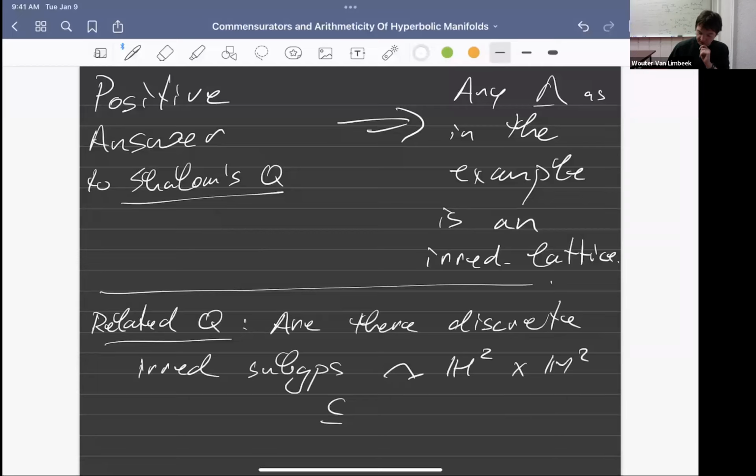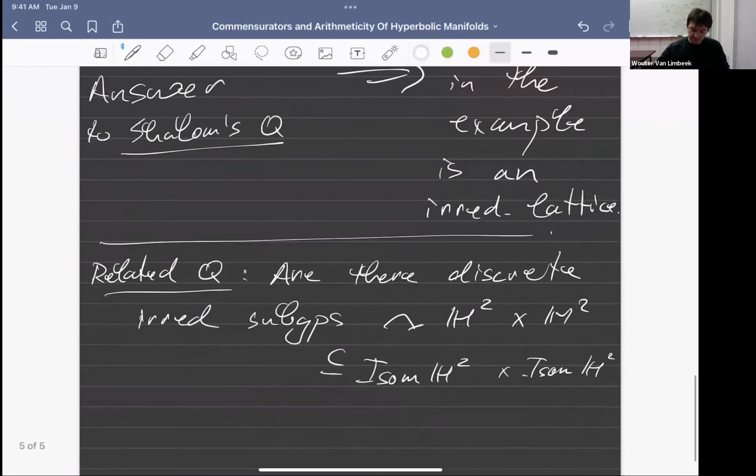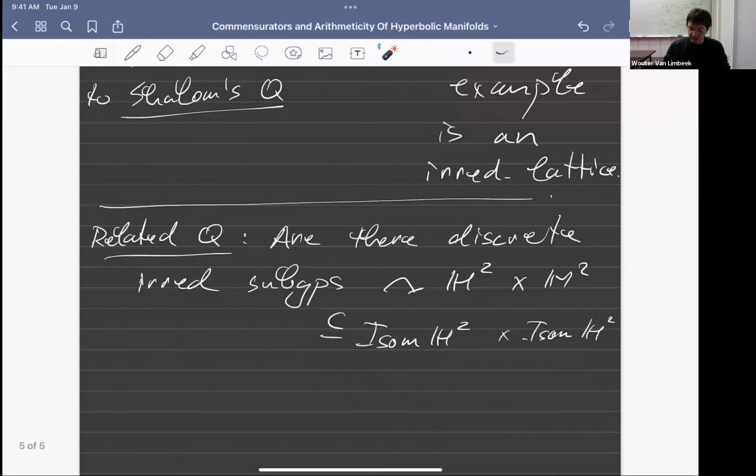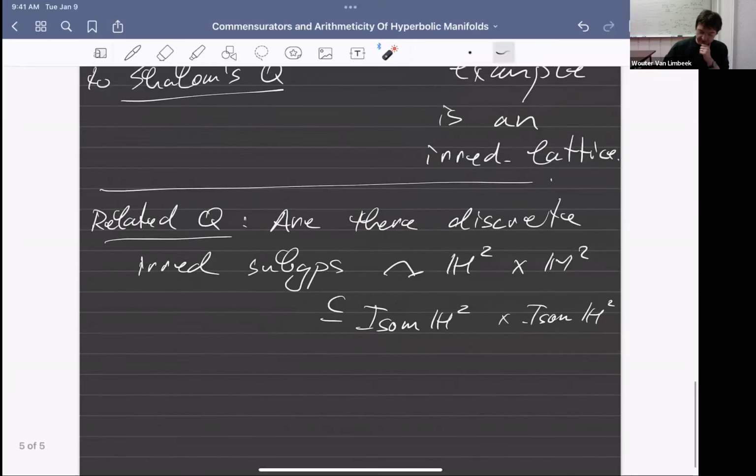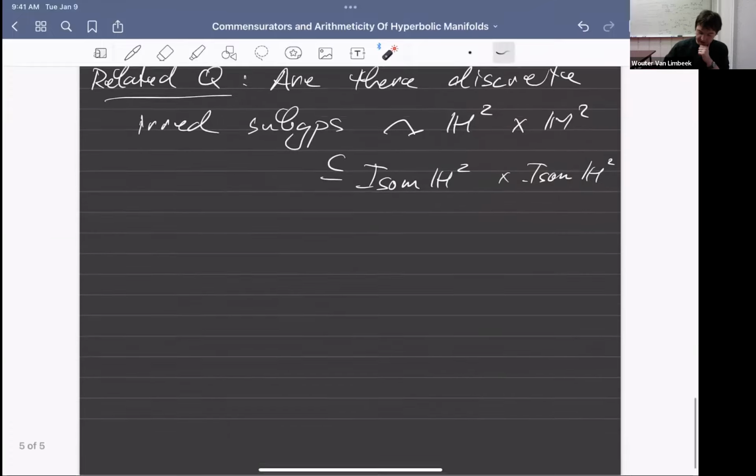So they would be in the isometries of H2 cross H2. For the people who work in this business, you see irreducible lattices in here all the time. But it could be that any irreducible subgroup is actually a lattice. All right, so that's just one reason that one might care about this question of Shalom.